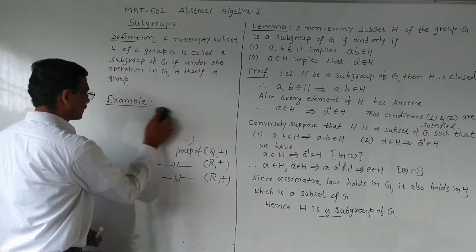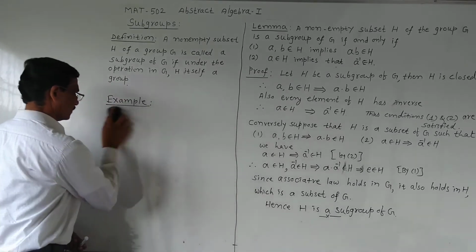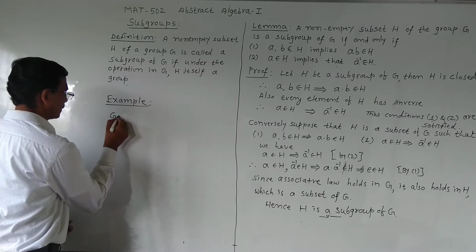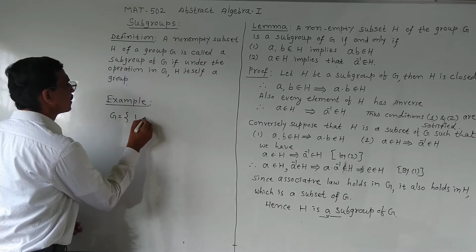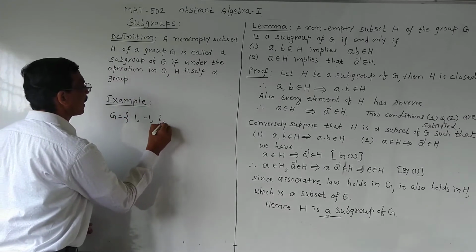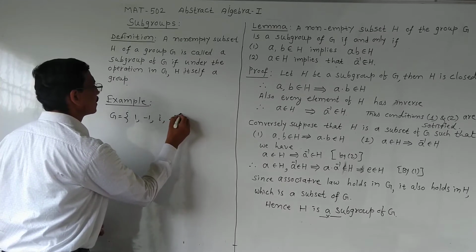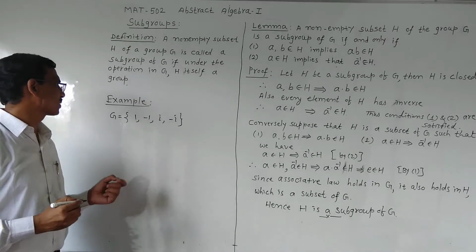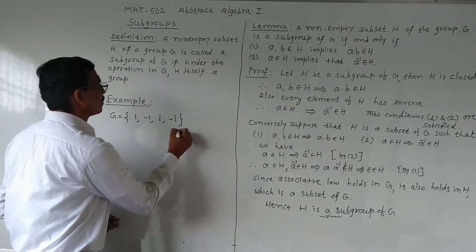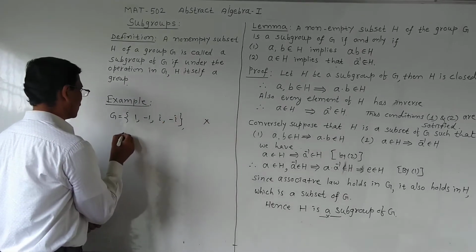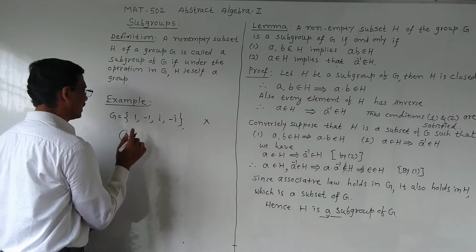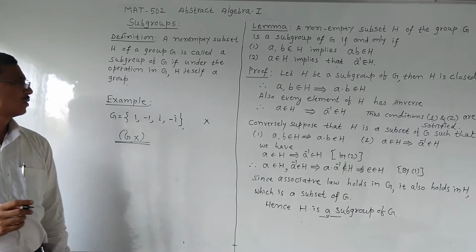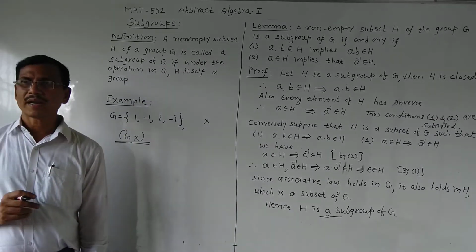Also we have seen that, consider the set G = {1, -1, i, -i}, and consider the binary operation as multiplication. Then we know that (G, ·) is a group with identity element 1.